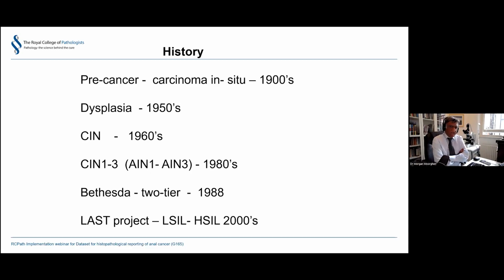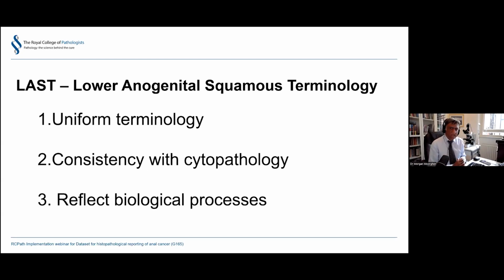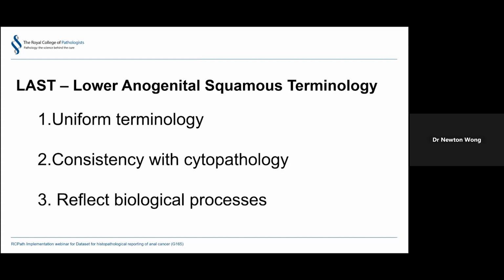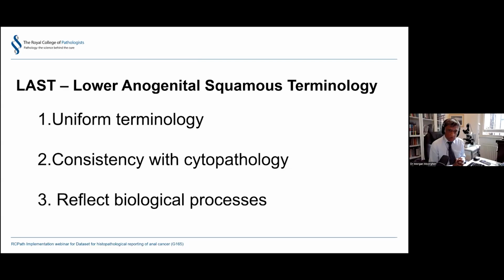But that wasn't fully adopted, certainly in the UK, and for a variety of reasons. Then came the LAST project, which was really 2000, and 2012 was in fact when this was published. The idea was that the group that made up the LAST project had the job of introducing terminology that had to be uniform, that everybody would understand, where there would be consistency with cytology, and which would also reflect the underlying biological process.